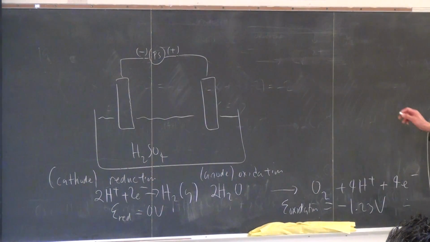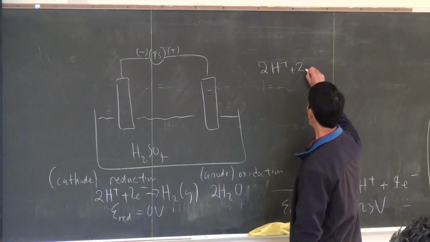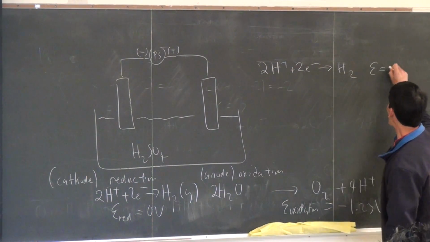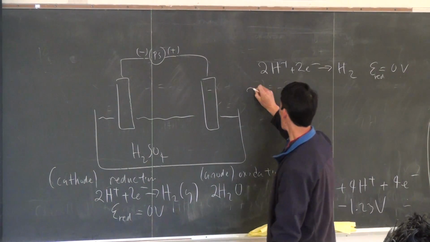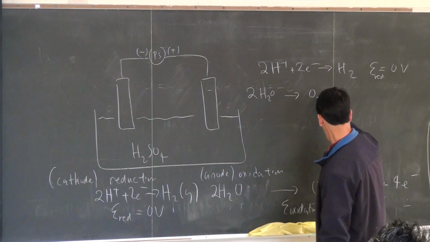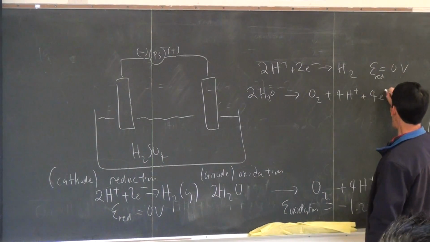Okay, so if we add these together, so we have 2H plus 2 electrons going to H2, and this is 0 volts. And then for the other one, we have 2H2O going to O2 plus 4H plus 4 electrons.